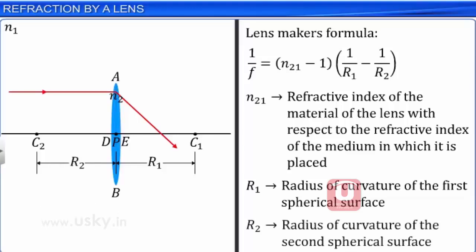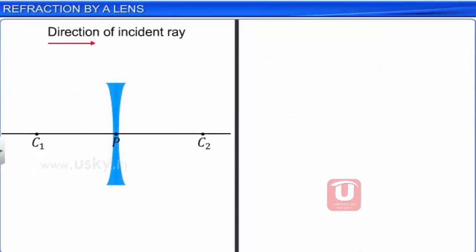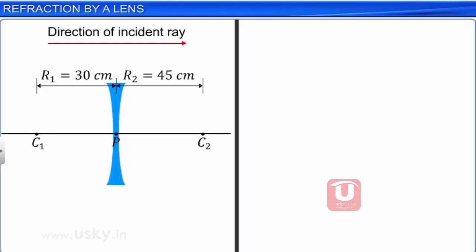Let us apply the lens maker's formula to find out the focal length of a double concave lens of glass of refractive index 1.5 placed in air and with radii of curvature 30 cm and 45 cm respectively. It is given that n2 is equal to 1.5, n1 is equal to 1, R1 is equal to minus 30 cm and R2 is equal to 45 cm.